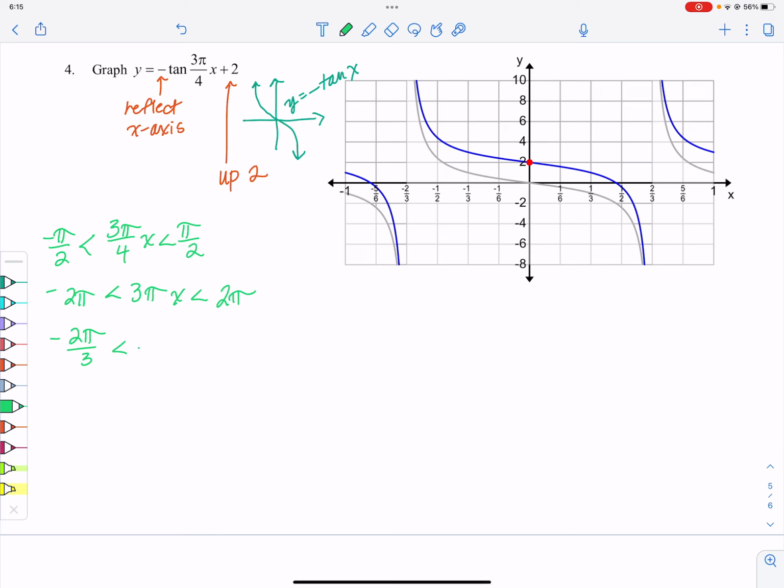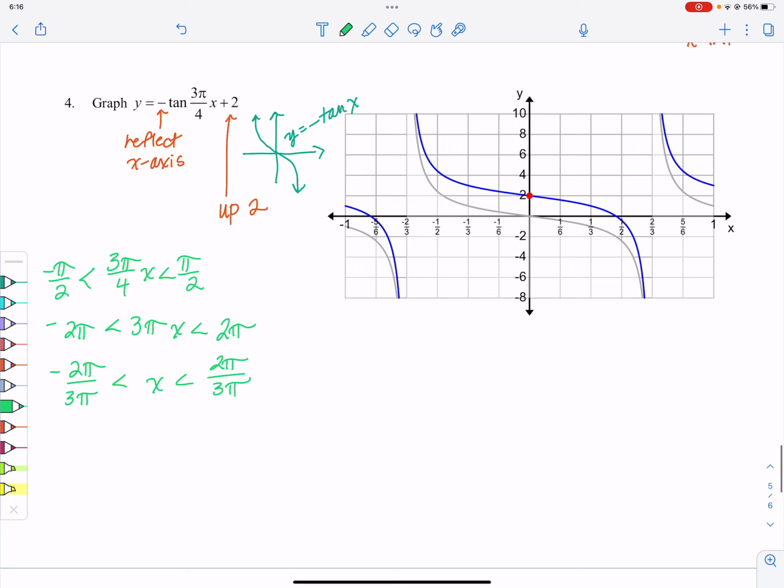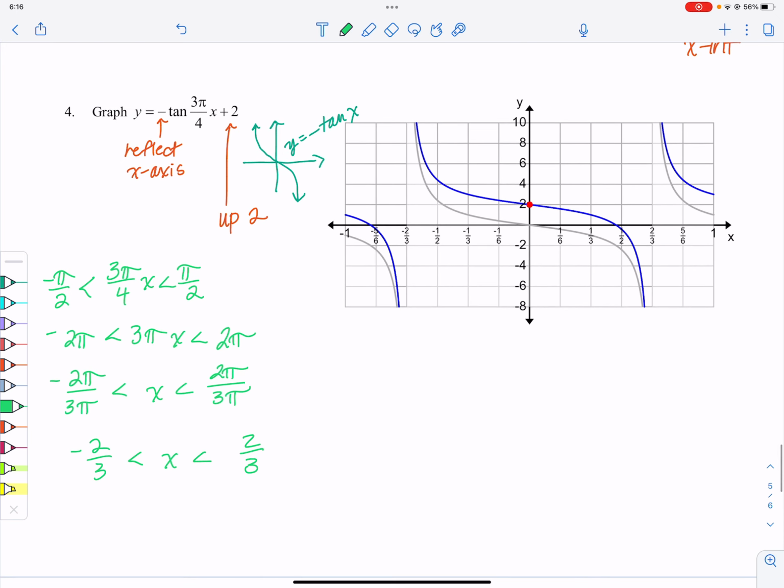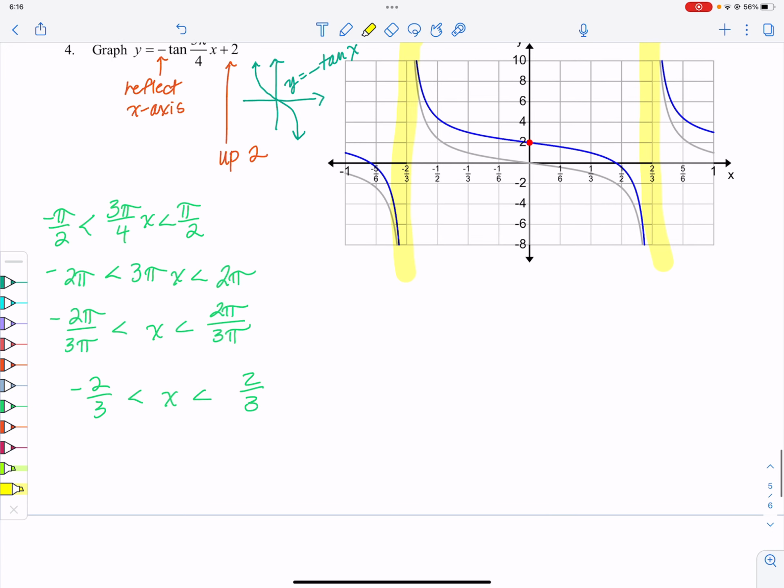And then we're dividing everything by 3 pi. And we'll have negative 2/3 is less than x, less than 2/3. And so, as you can see right here, we have negative 2/3 and 2/3. Okay, so we have one complete cycle.